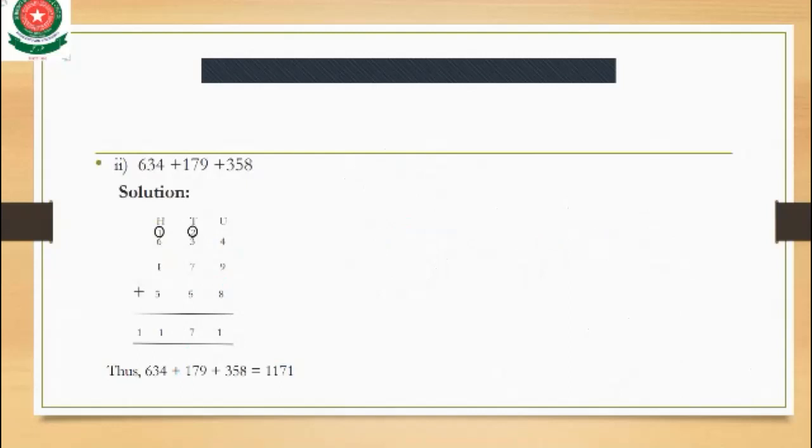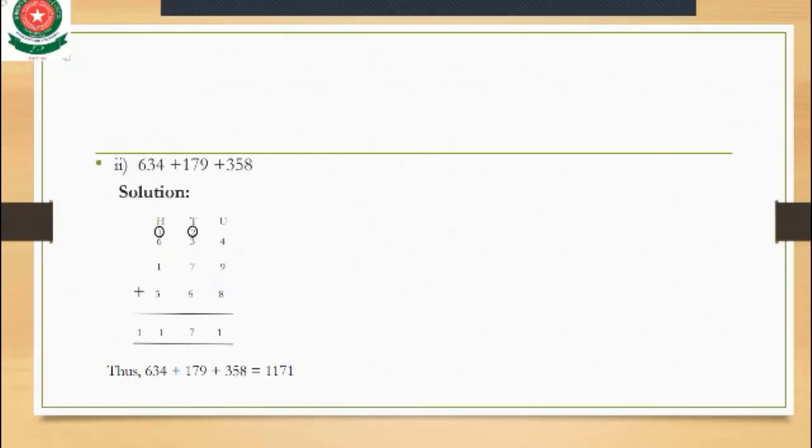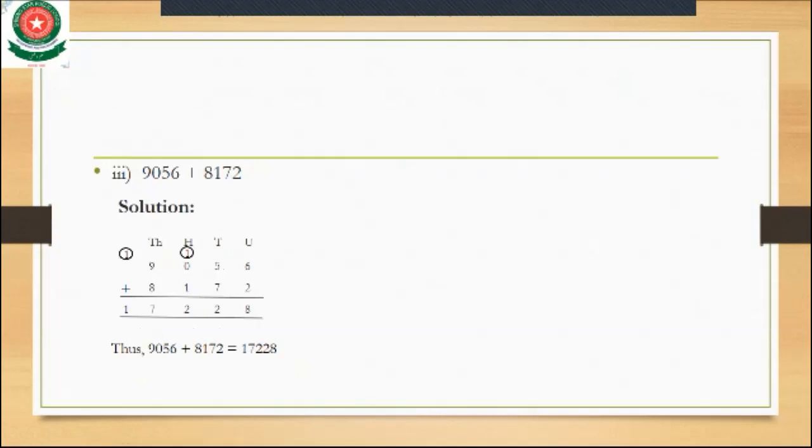To understand these questions, you will need more practice. Okay, come to the next. Trial part: 9056 plus 8172.